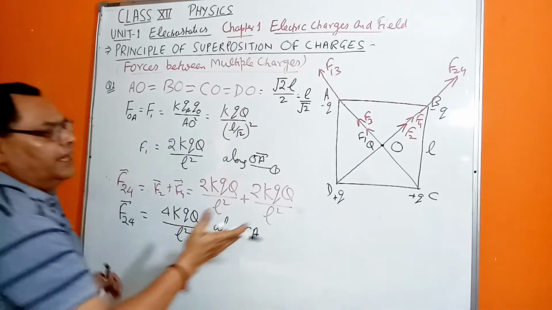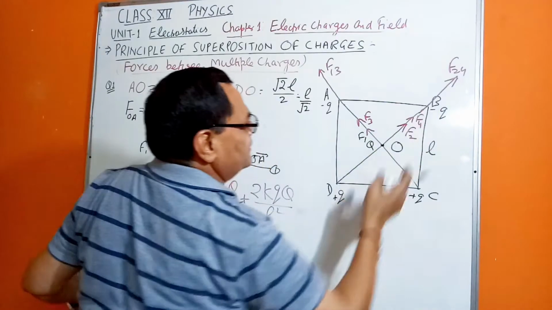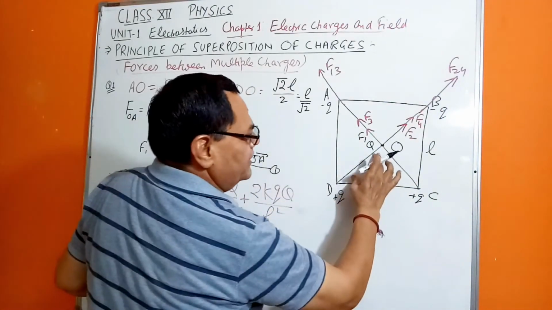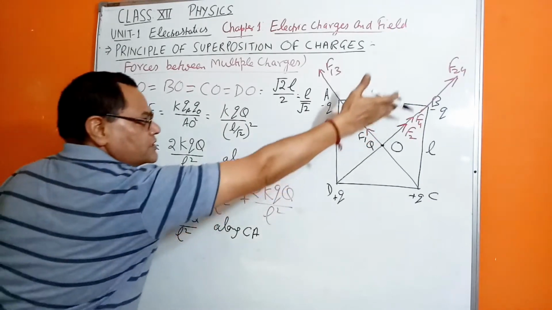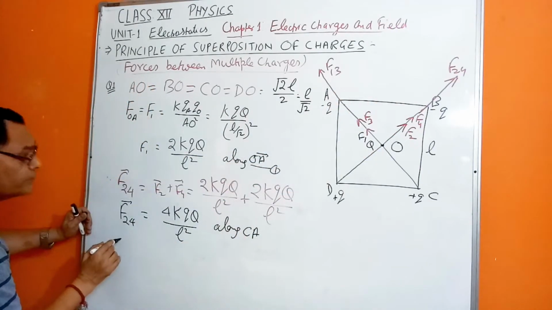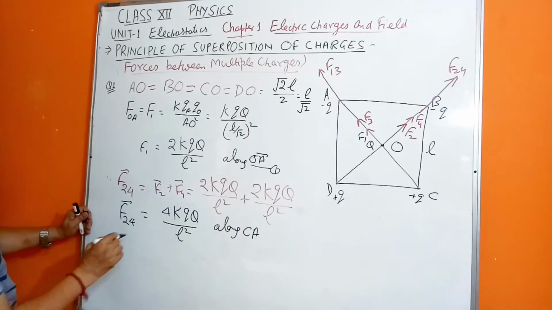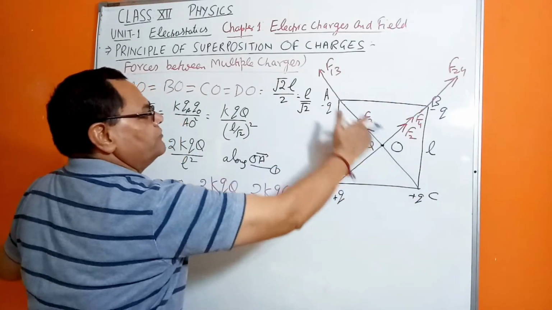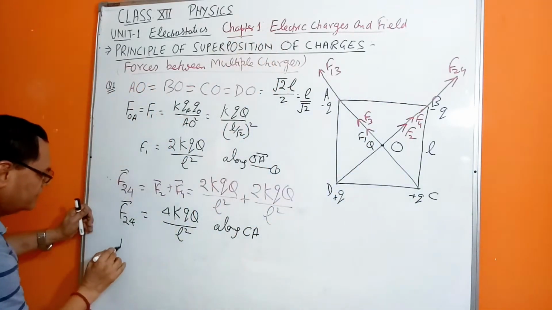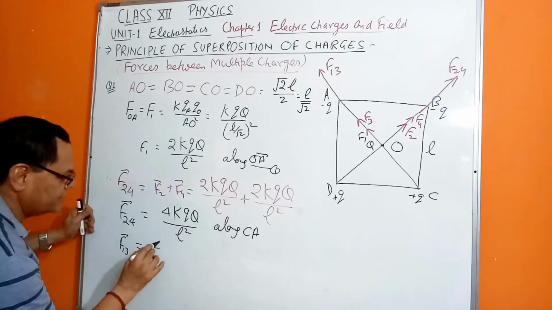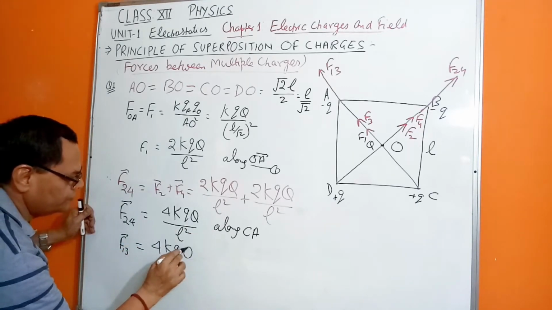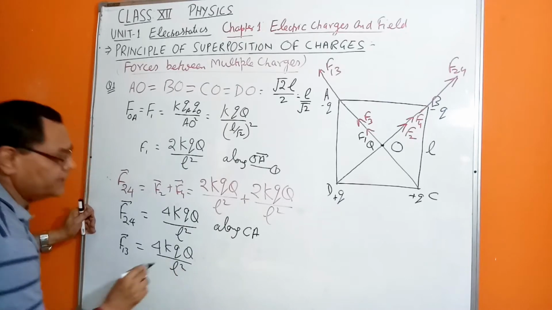That's one. Now what is the resultant of these two? We will add them also. As I am telling you again and again, the magnitude of these two is the same, so the total sum of these two forces will also be the same. We have taken this, sorry, now we are taking this. The force F13 will also be the same, that is 4kq capital Q upon L square.